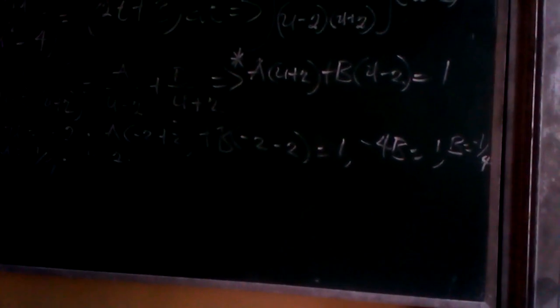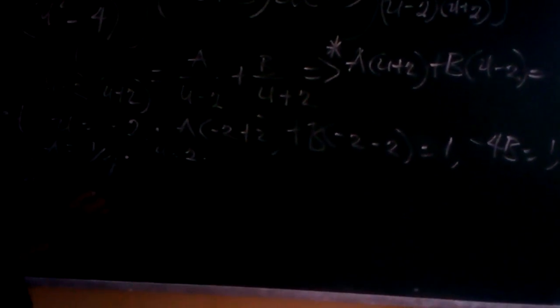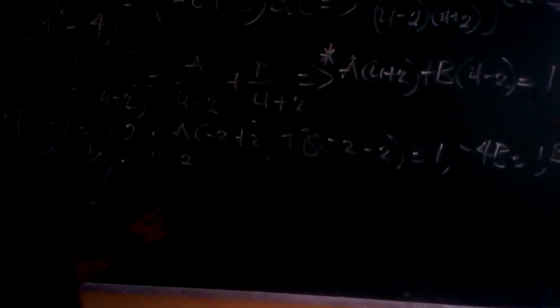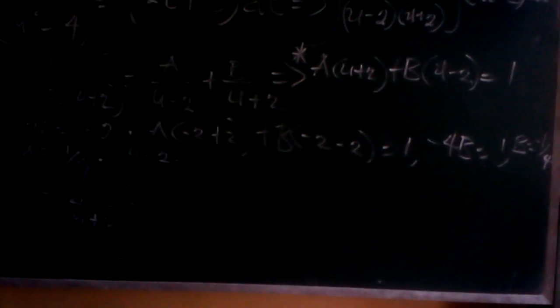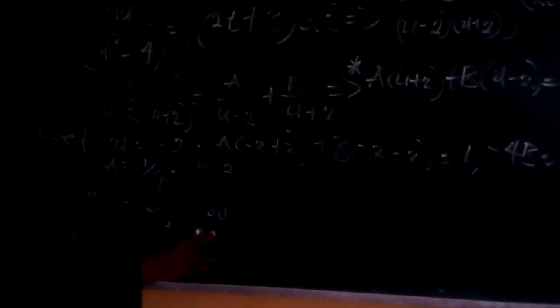Then, we resolve consistently again to give us the integral of (1/4) divided by (u − 2) plus (−1/4) divided by (u + 2), multiplied by differential du, jointly, to enable us to integrate it properly.